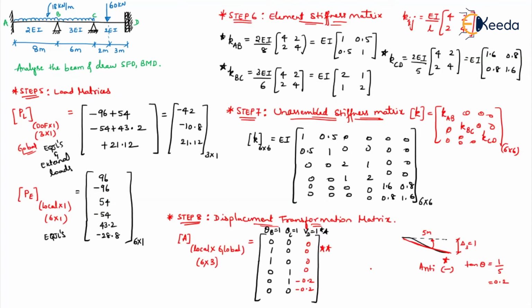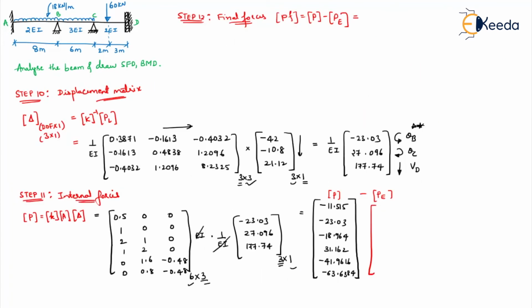Let's go back and check. See, these are your PE values. So let's write down there. So this will be 96, minus 96, 54, minus 54, 43.2 and minus 28.8. If you subtract this, you will get your final forces.